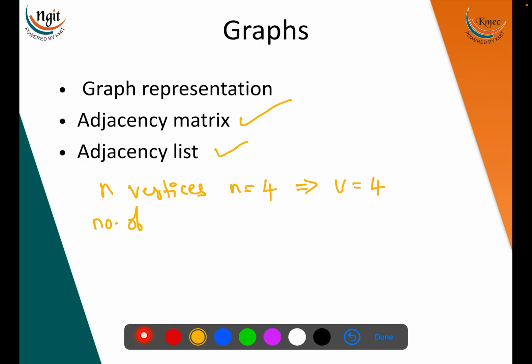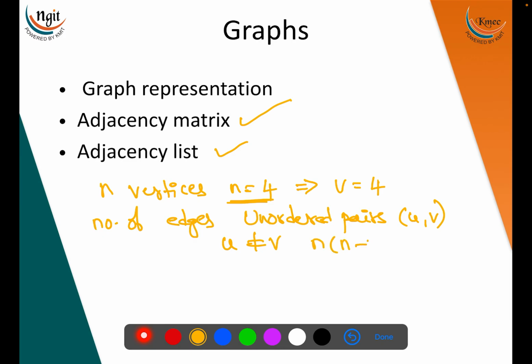Now, the number of edges. The number of distinct unordered pairs (U, V) with U not equal to V in a graph with n vertices is n into (n minus 1) by 2.